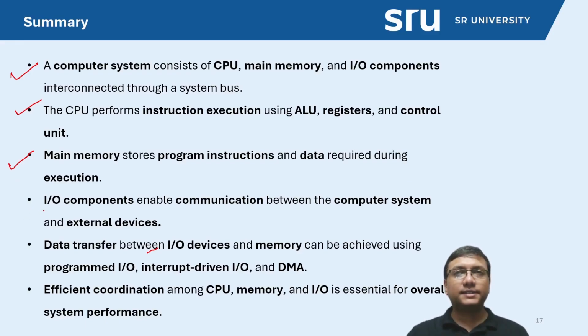The IO components enable the communication between computer system and external devices. There are three types of data transfer mechanism between IO device and memory, called programmed IO, interrupt driven IO and DMA or direct memory access. And if the coordination among CPU, memory and IO is good, then efficient coordination is possible for the overall system performance. So this was all about today's lecture. Thank you so much for attending this.